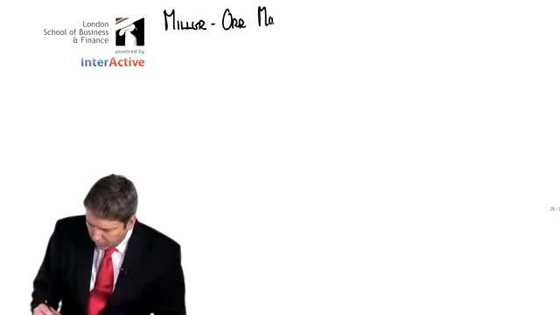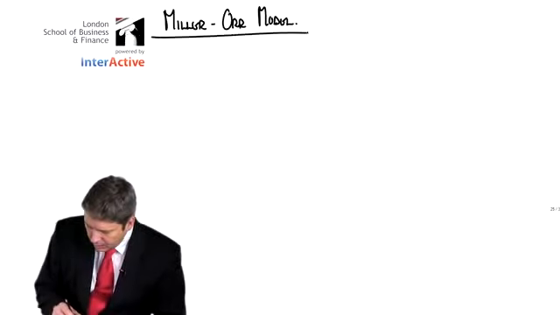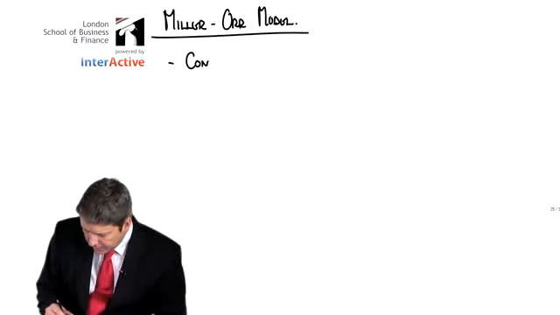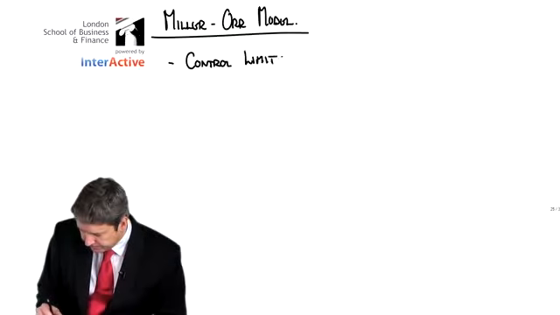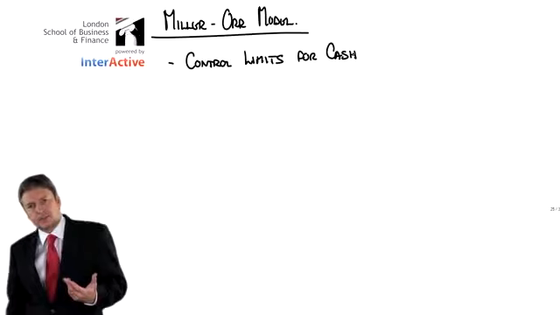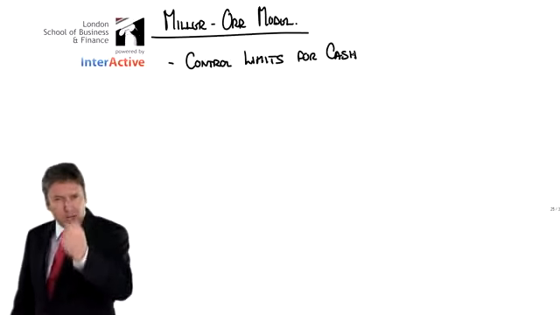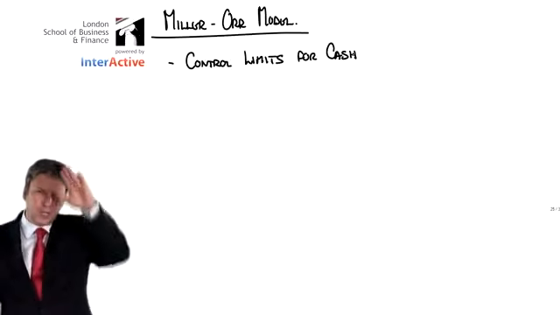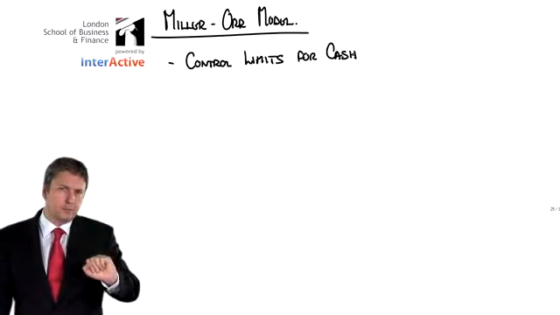When we look at the Miller-Orr model, all we're looking at here is that we have control limits. Control limits for cash. You see, the basic principle goes something like this. We cannot micromanage cash because we know the cash balance is going to go up and down.